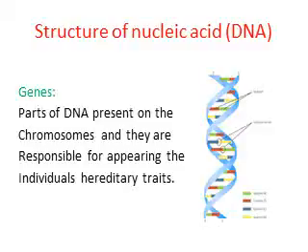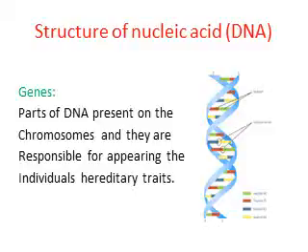And this nucleic acid or DNA carries the hereditary or genetic traits of the living organism. The chromosome, as we knew, consists of two threads, each of them called a chromatid, and these two chromatids are connected at the middle by the centromere.